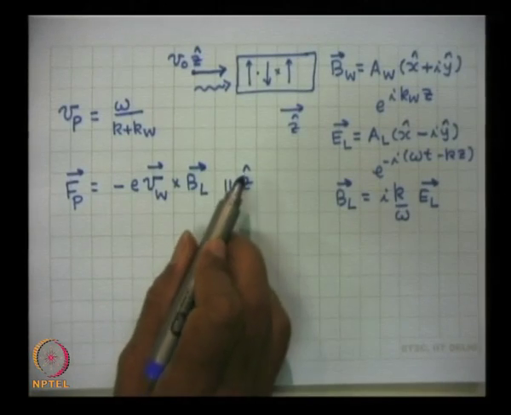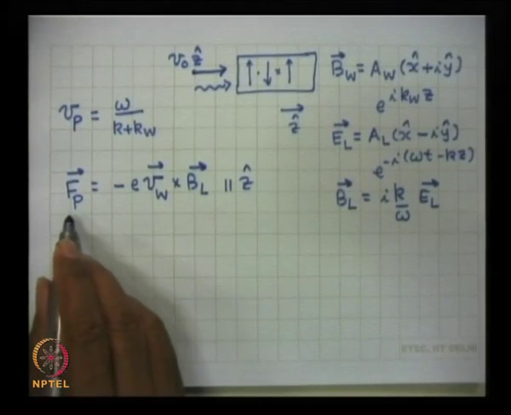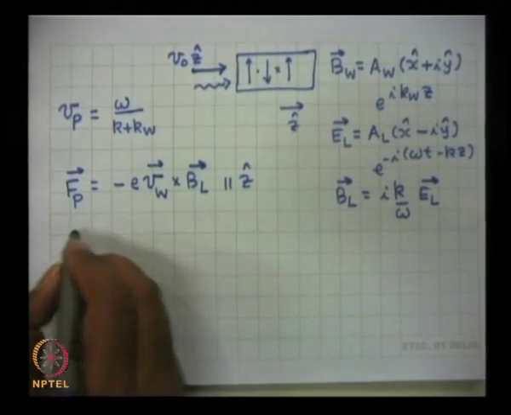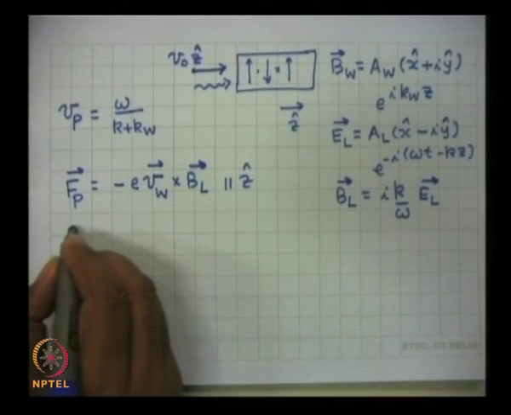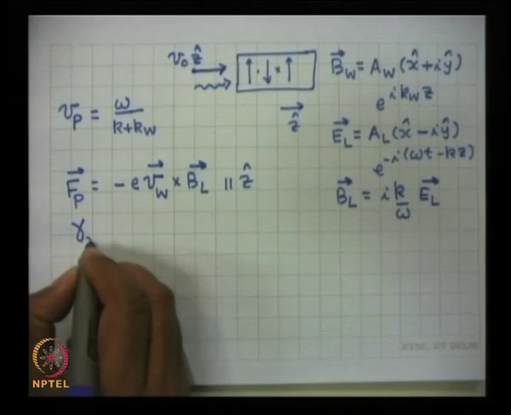So, the electrons experience a force, and in presence of this force we define a quantity called gamma r.